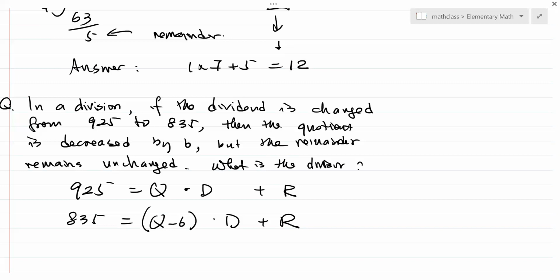I think the difference of the two dividends should be 6 times the divisor. Yeah, if you're able to figure that out, because when you change the numbers, right?